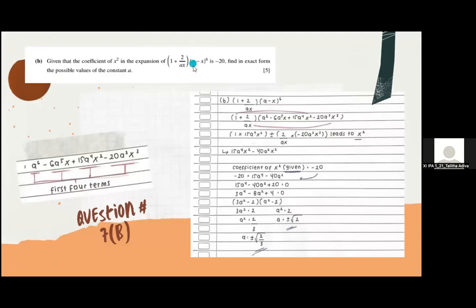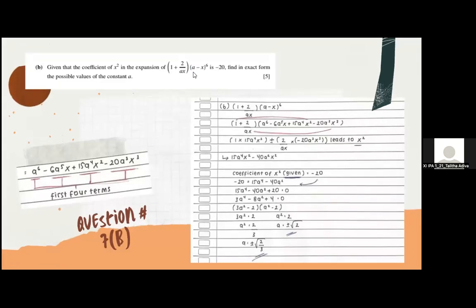Okay, next for question number 7, part B. Given that the coefficient of x squared in the expansion of (1 + 2/(ax)) multiplied by (a - x)^6 is -20, find the exact form of the possible values of the constant a.